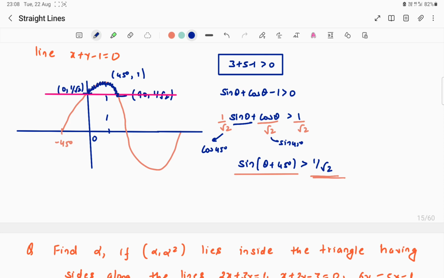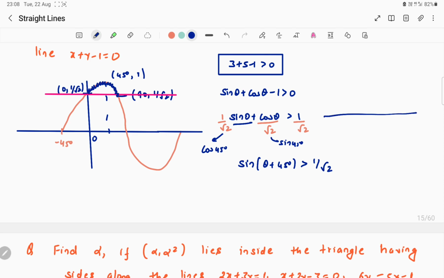So theta has to be greater than 0, and it should be less than the maximum value. If you take theta equal to 90 degrees, 90 plus 45 is 135, and sin 135 is again 1 by root 2.